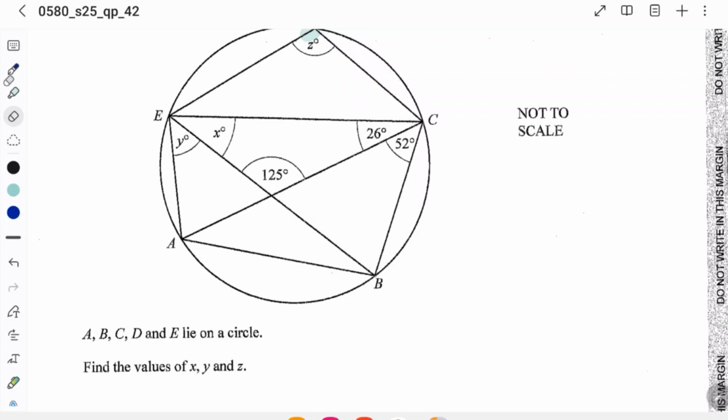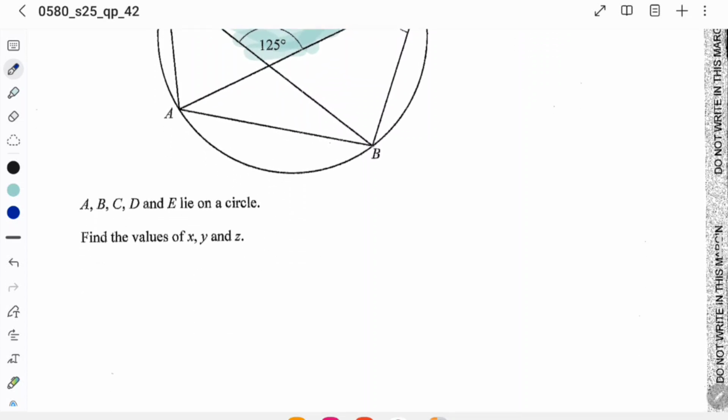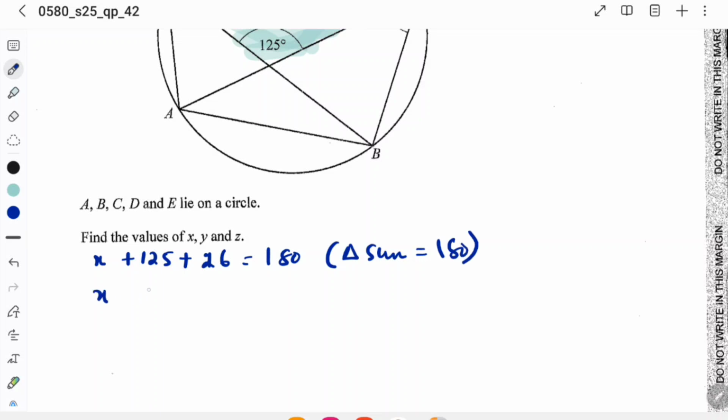First of all, x, which is very simple and easy. X is a part of this triangle which has 26, 125, and x angle. The sum is equal to 180 degrees. So finding the value of x: x plus 125 plus 26 is equal to 180 degrees. The sum of interior angles in a triangle is 180 degrees.